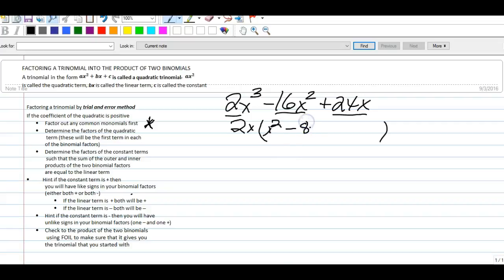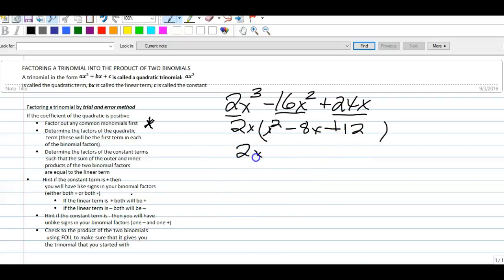That would be a minus 8x. 2 times 8 is 16. x times x is x squared. 2x times what gives me plus 24x? That would simply be plus 12, because 2x times 12 would be 24x. So again, x squared minus 8x plus 12 is relatively easy to factor.